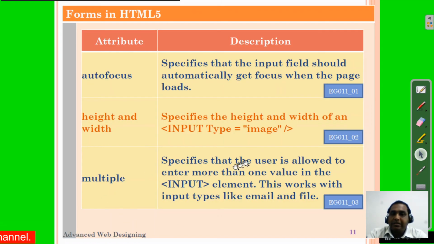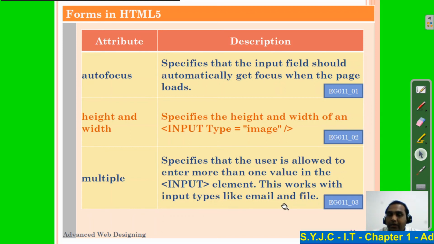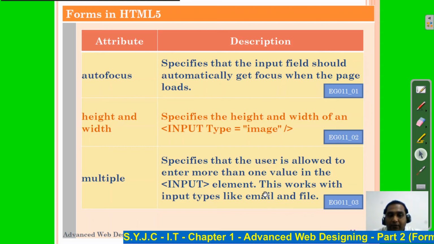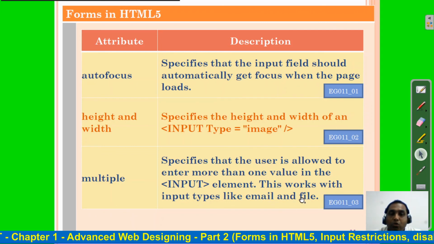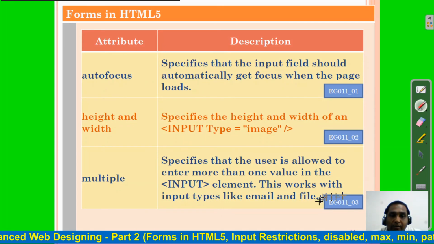Multiple specifies that the user is allowed to enter more than one value in an input element. This works only with email and file. I will be able to upload more than one file.